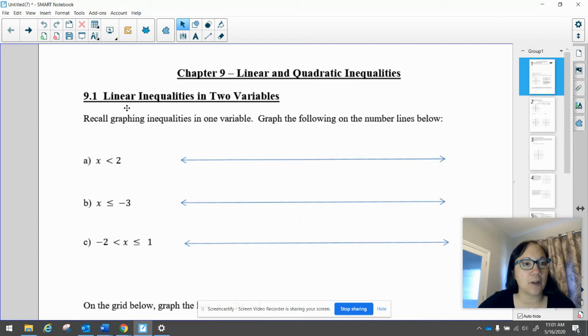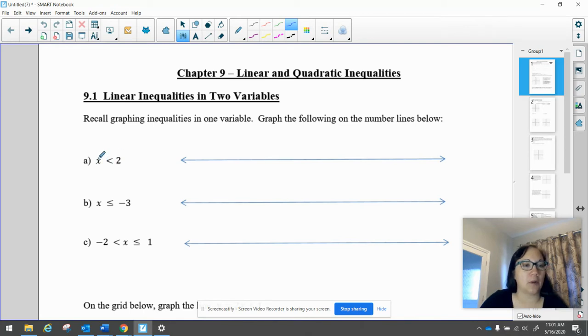So first, we're going to recall graphing inequalities in one variable, but eventually we'll be going in two variables, which basically means on an XY grid, with X and Y being the two variables. But first, the most simple way to look at an inequality is if you only have one variable involved.